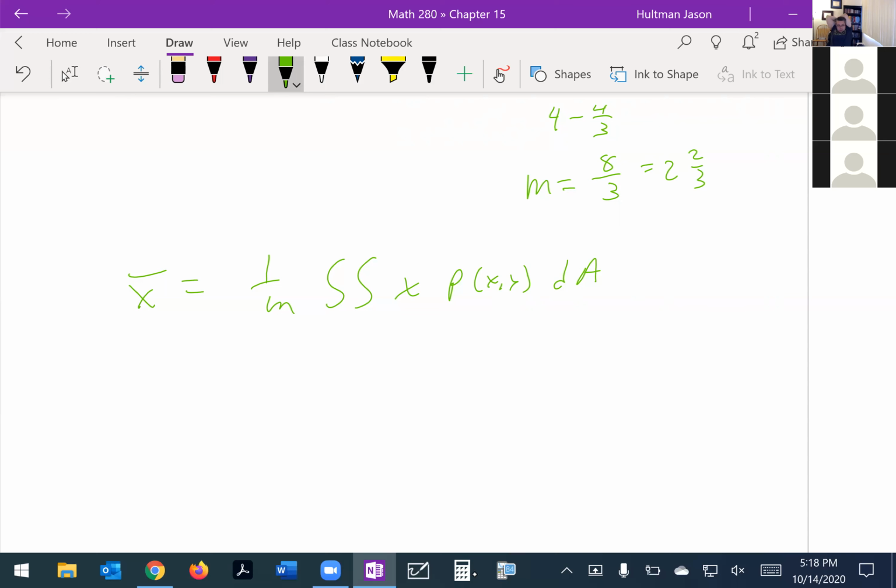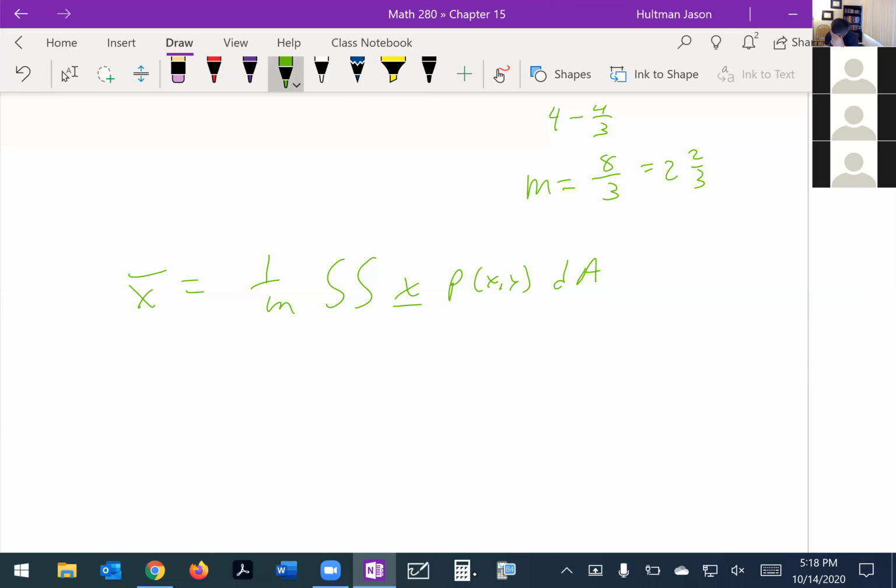If I'm integrating with respect to x, then I want to leave x as a variable, as a constant, as long as I can. So I'm going to do dy dx.